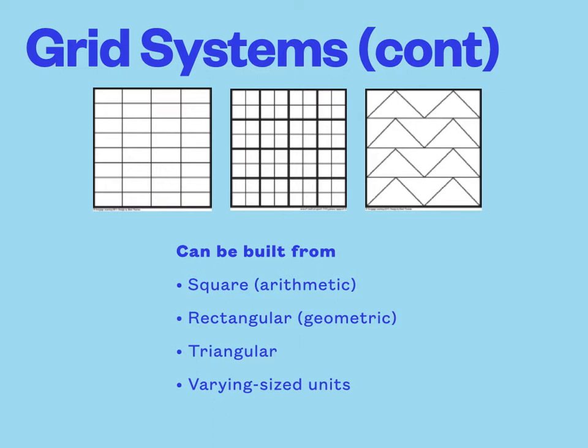Units might be 1 or 2, or 1 to 1.5. Grids also can be built from arithmetic progressions such as 1, 3, 5, and 7. Remember that rule of odds I was talking about? Sometimes the odd number of grid lines can make some of the most visually interesting layouts.